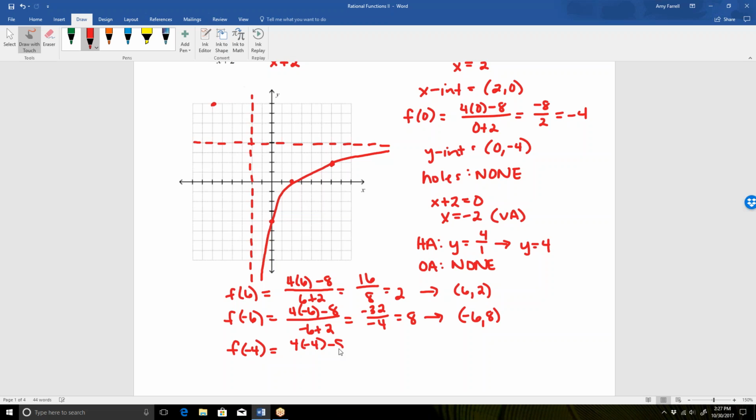So maybe I'll plug in negative 4 and see what I get. So let's see, negative 16 minus 8 is negative 24 over negative 2, so that's 12. That means the point (-4, 12). Sorry about that.